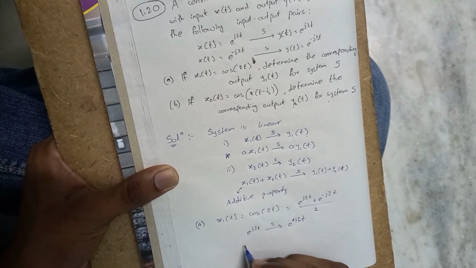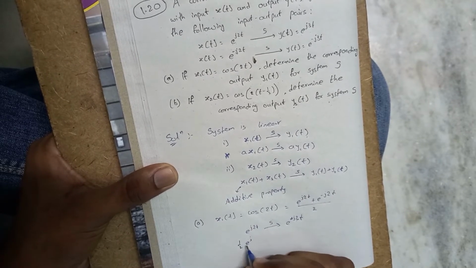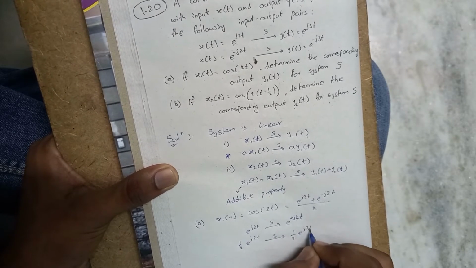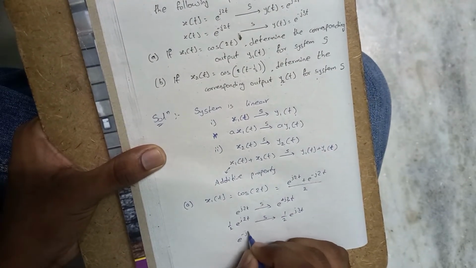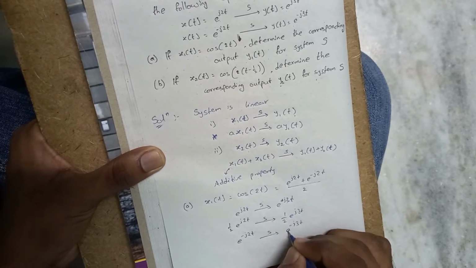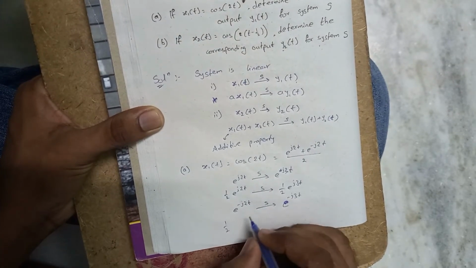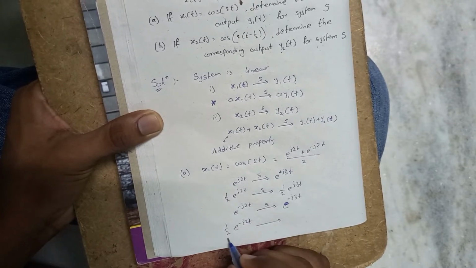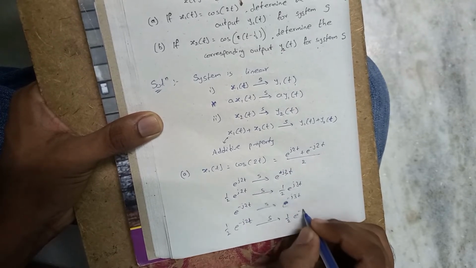If we multiply the input with 1 by 2, we get the input 1 by 2 e power j2t, and the output is 1 by 2 e power j3t since the system is linear. Similarly, for the input e power minus j2t for the system S, the output is e power minus j3t. If I multiply this with 1 by 2, the input is 1 by 2 e power minus j2t, and the output will be 1 by 2 e power minus j3t.